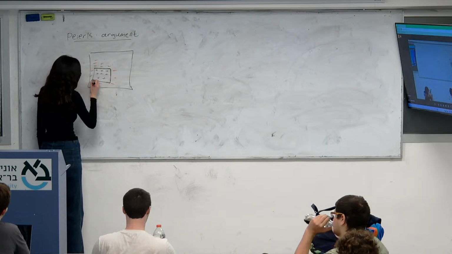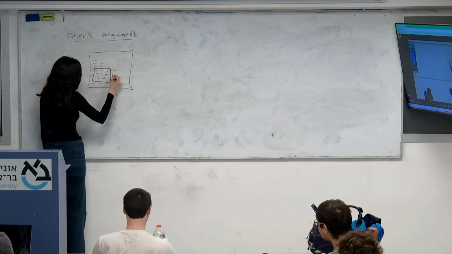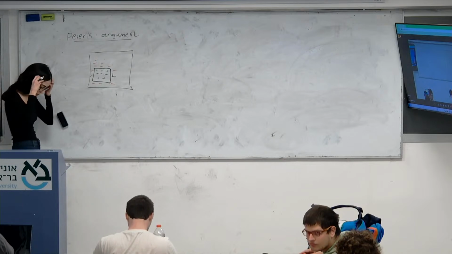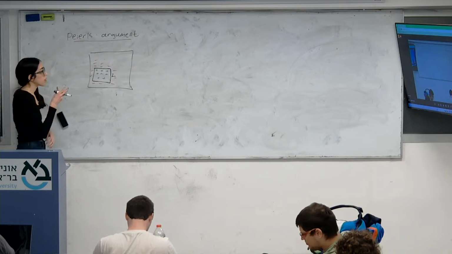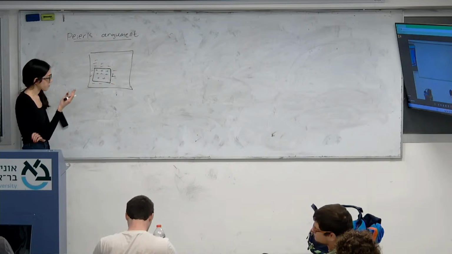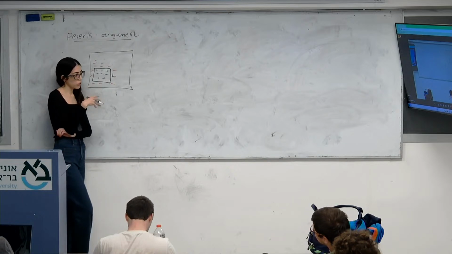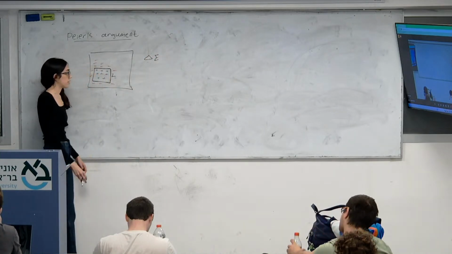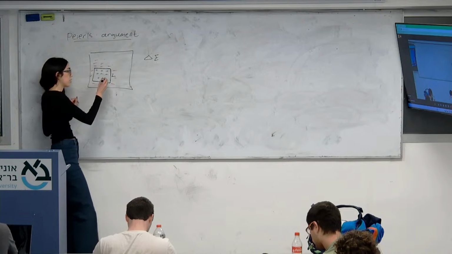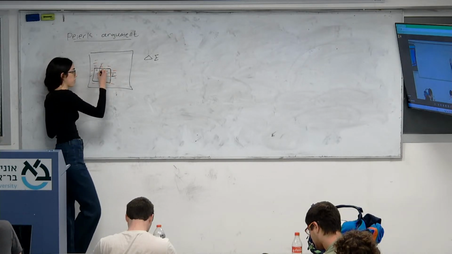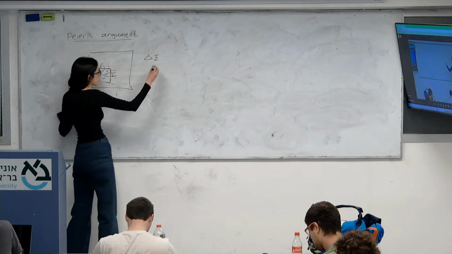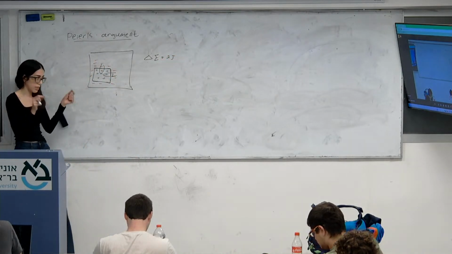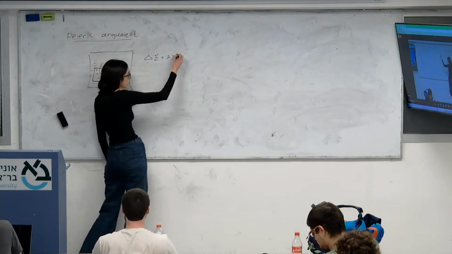So this line is of length L. We still compare the free energy, and in that case, for the difference in the internal energy, you have the interaction between any pair on the boundary of the system. So you have 2J multiplied by the number of pairs, which is the length of the boundary. So this is L.